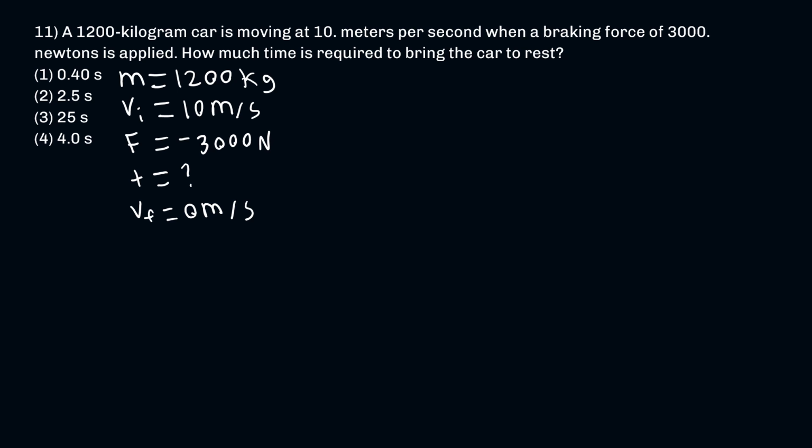All right, so I have a mass, two velocities, and a force, and I'm trying to find time. On the reference table, there's only one equation that involves force and time, and that is the impulse equation. We should be working with that because we have mass and velocity as well, and you know that momentum is mass times velocity.